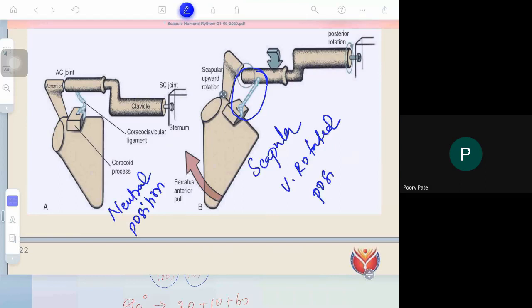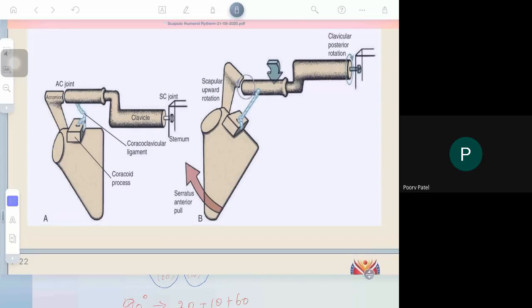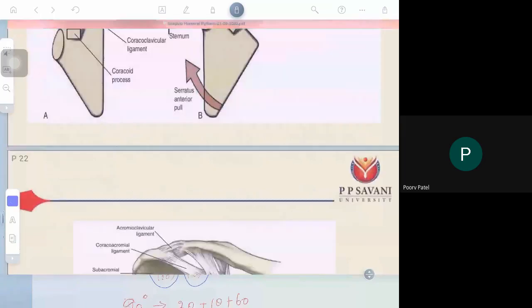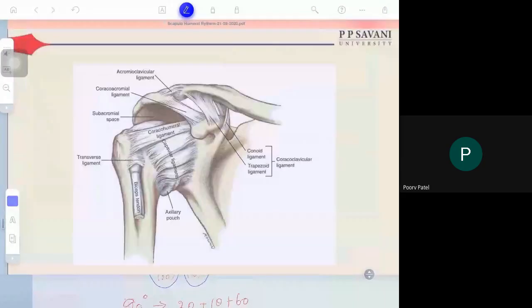Now this you should note. In neutral position and rotated position, what happens? The ligament is first lax, next it is taut. Now come to this point. Where is the coracoclavicular ligament? In this diagram, here.